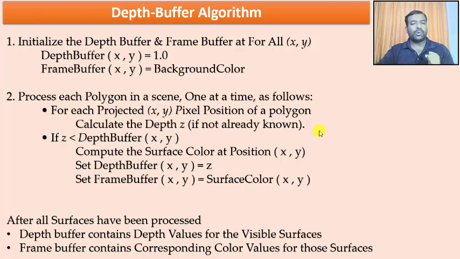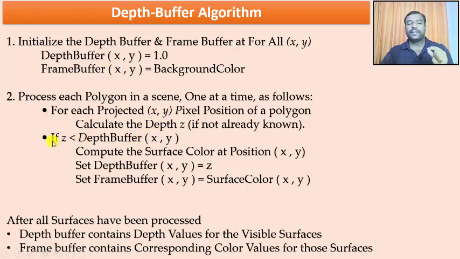Once the Z value is obtained, we compare that Z value with the depth buffer at that position. From this projected position we have picked the Z value, and it is compared with the same position in the depth buffer.